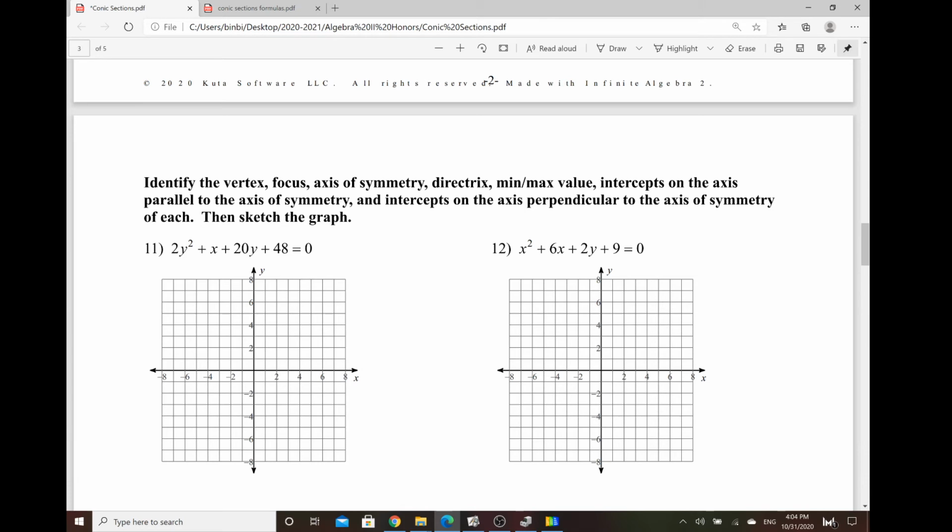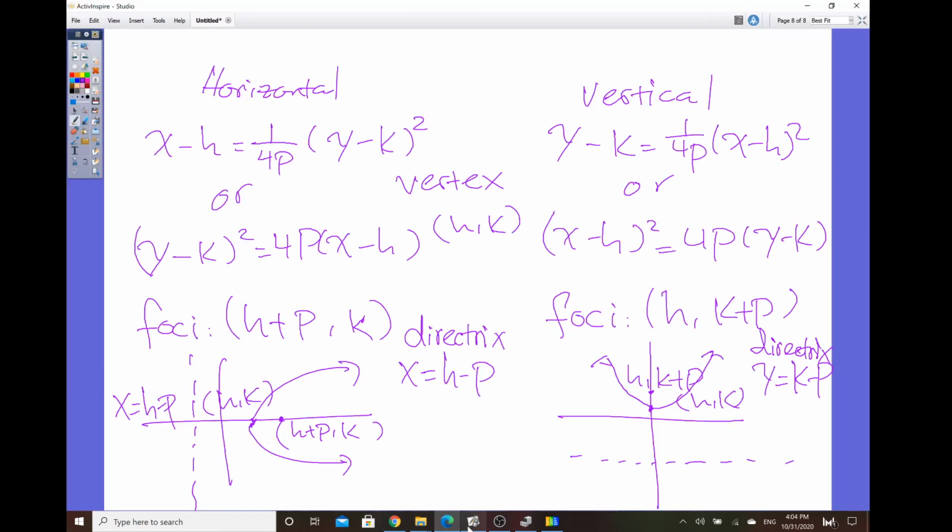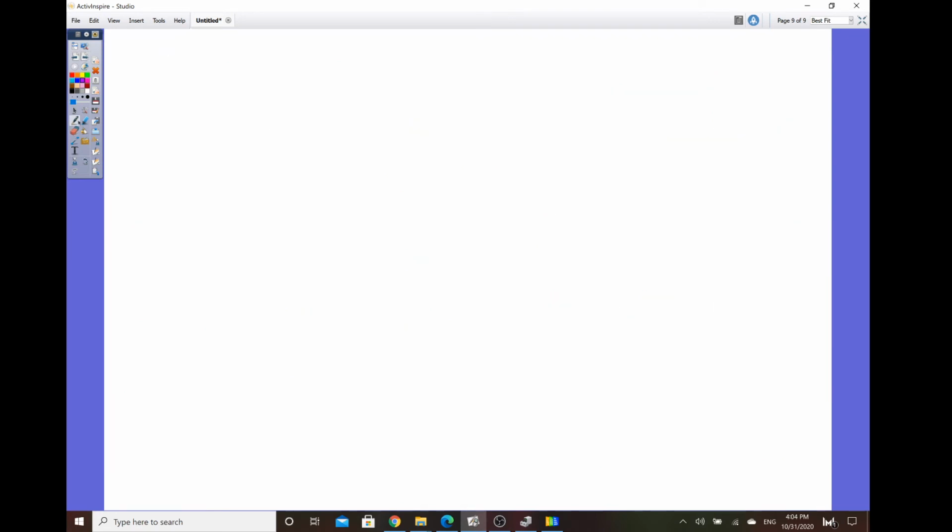Sometimes it's kind of difficult to copy and paste from the PDF file. Okay, here we go. And for those who might be wondering, do I need to complete the square for this? Well, you'll see that in a minute.